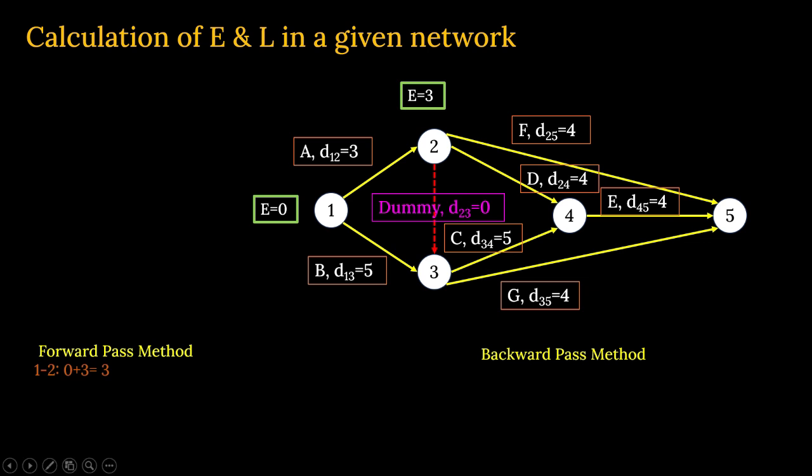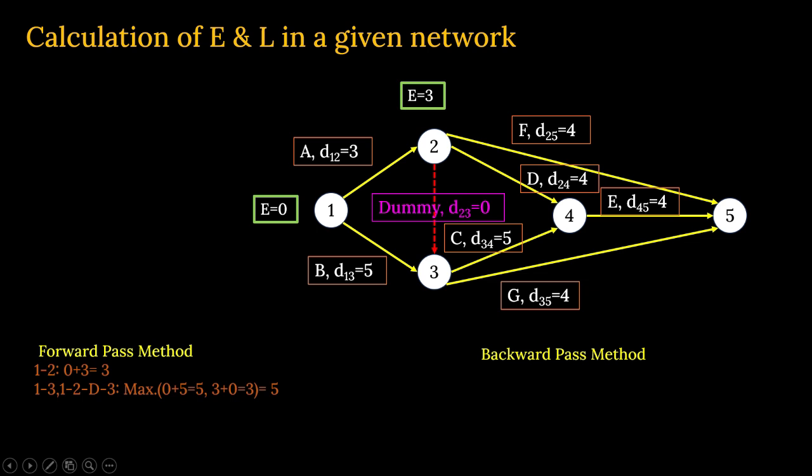Similarly, from 1 we can see two activities are coming. Let us find out the value of E at node number 3. You can see how many arrows are coming to that node. One arrow is here and another arrow is here, which is a dummy arrow. So 1 to 3 is one path, and then 1, 2 and 3 with the dummy arrow. 1 to 2 is already calculated.